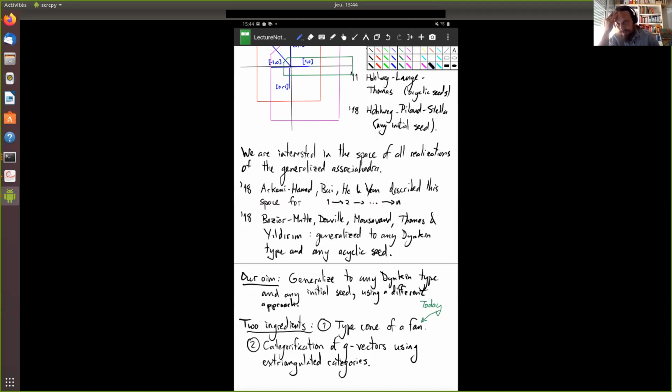The infinite types are much harder to work with because the polytope is not defined by finitely many inequalities. Oh, no, sorry, I take it back. What we add using this approach is that we can have a cyclic initial seed, and look at G-vectors with respect to those. Our approach doesn't really care whether the initial seed is cyclic or acyclic. It treats all of them in the same way.